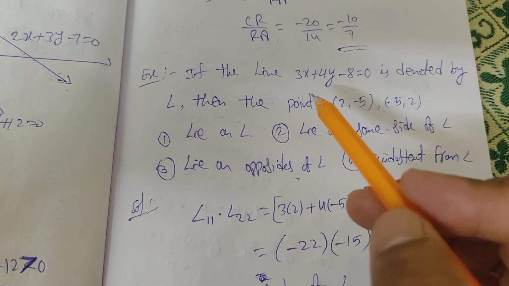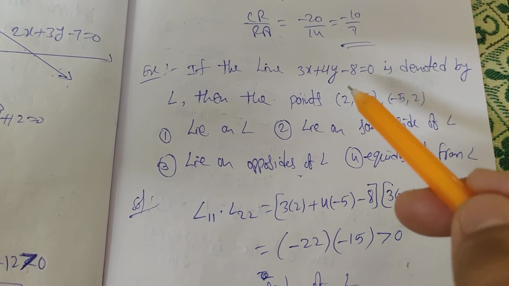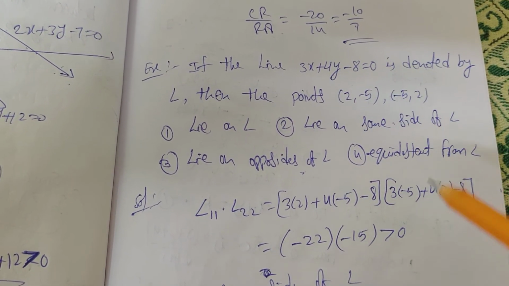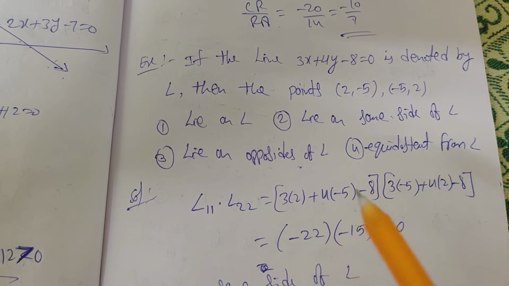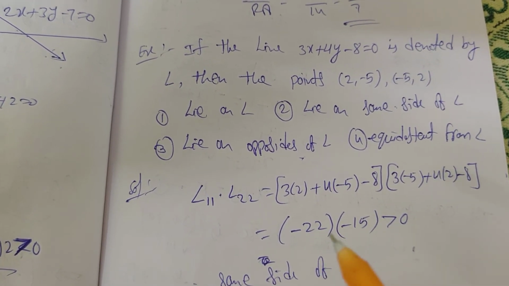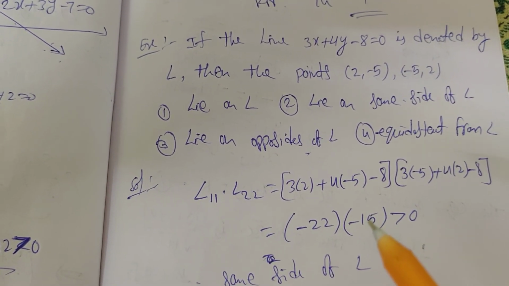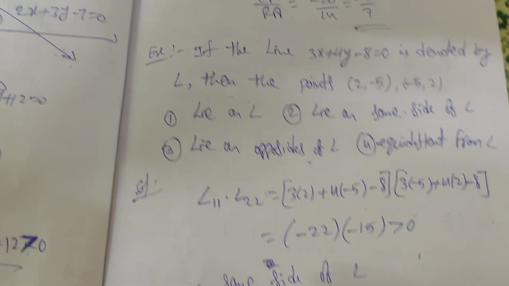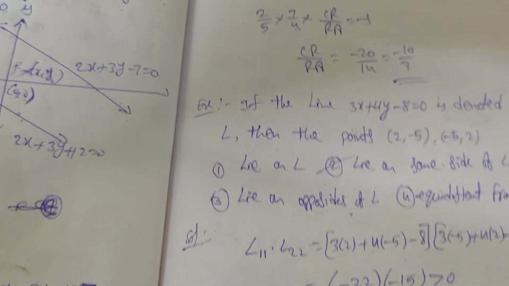So find L1 and L2: 3 into 2 plus 4 into minus 5 minus 8, into 3 into minus 5 plus 4 into 2 minus 8. This gives minus 22 into minus 15, which gives positive only. Positive means they are on the same side of L. So that is the answer for this second question.